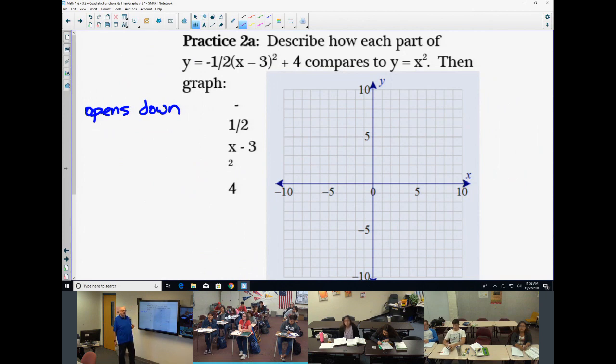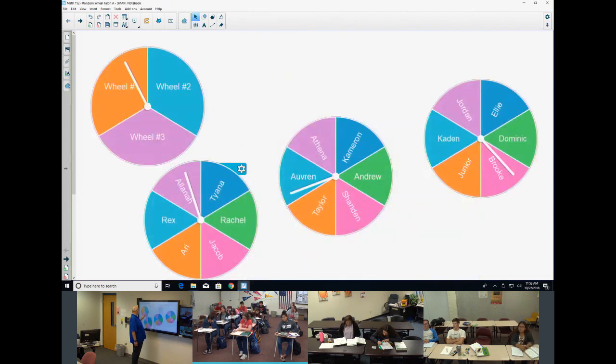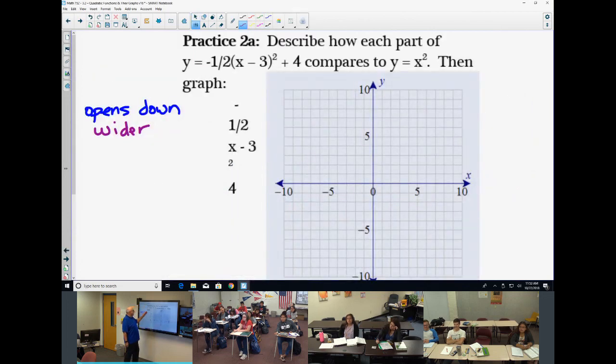Makes it wide. Yes, excellent. It's wider than y equals x squared. All right, Rachel, what does the x minus 3 do? Moves it to the right 3. That's exactly right. So right 3.